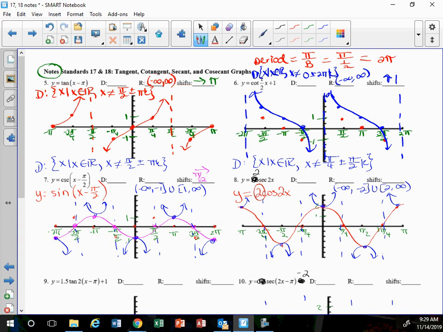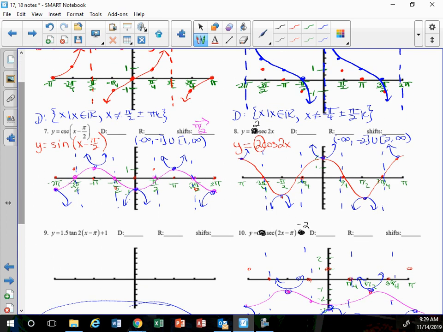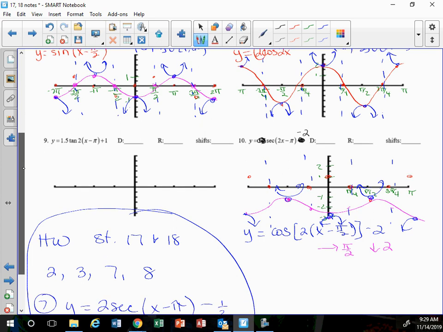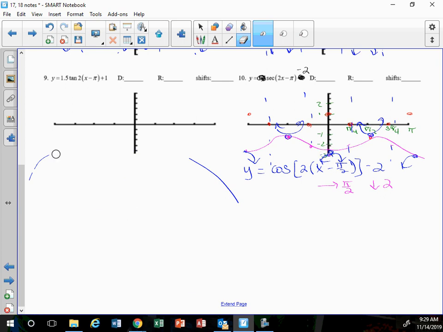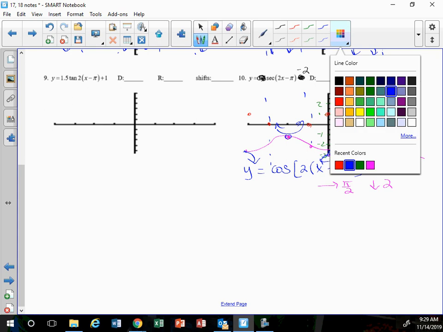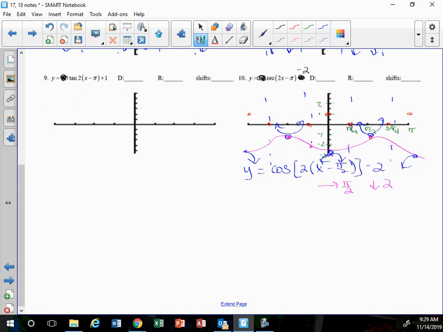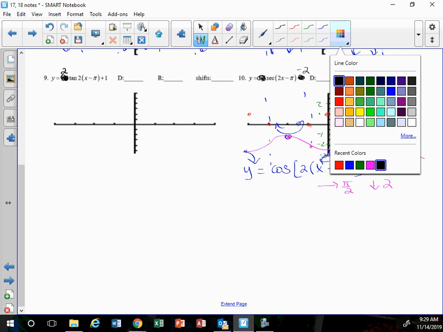Okay, let's look at 9. I want to edit it just a little because the 1.5 is really annoying. So let's make it 2 tangent of 2 times x minus pi plus 1. There's a lot of stuff going on here.